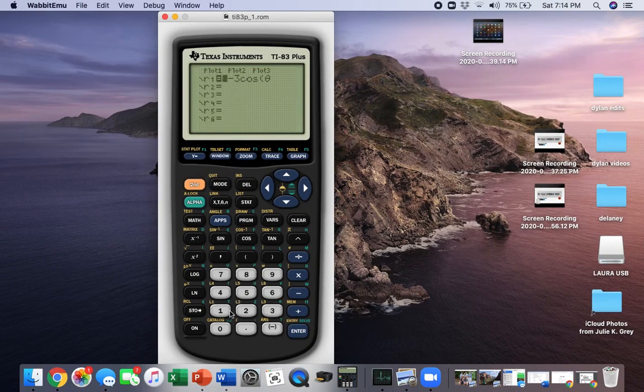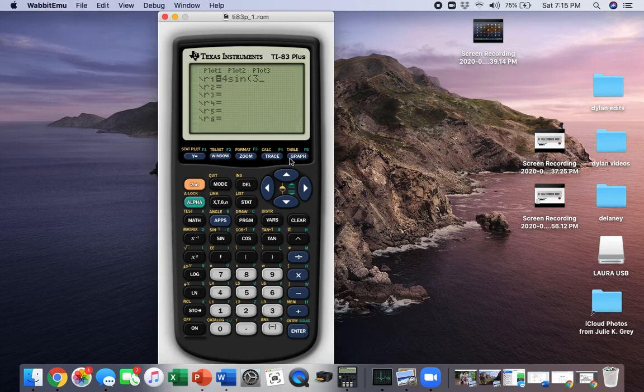Let's change this to 4 sine 3 theta, right? So we said since it's sine, the petals are going to be length 4, so my window should still be okay, right?